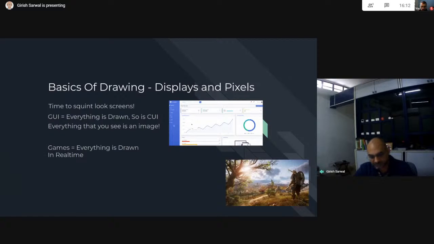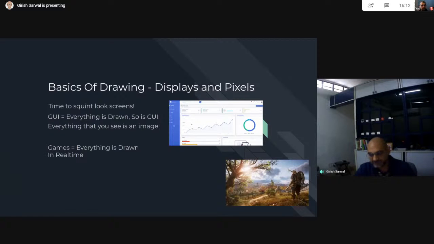If you look at the game on the screen, that is essentially an image that is being generated at runtime. How does it get generated? We are going to be talking about that later in our further slides. But as of now, we just want to understand that everything I see on the screen is being drawn. So you have to step into the role of a painter and start painting things on the screen.